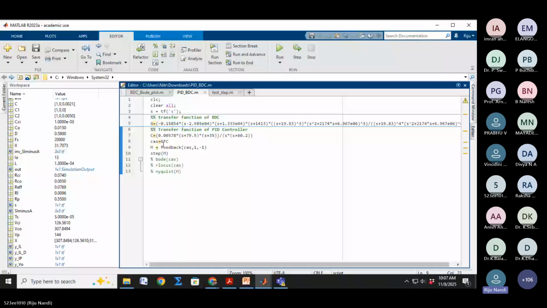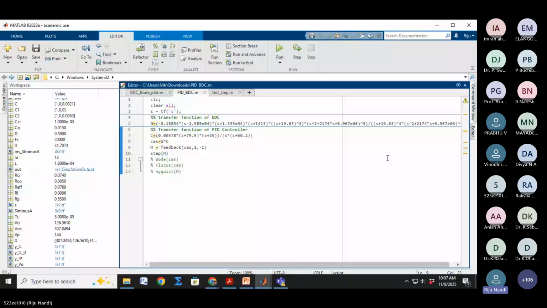So cas equals G into C. There is a feedback cascade version, with minus 1 as the H feedback. This one is there, and this is the step response. You have to see what the step response is after this.